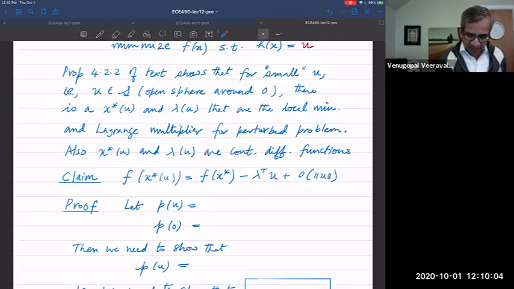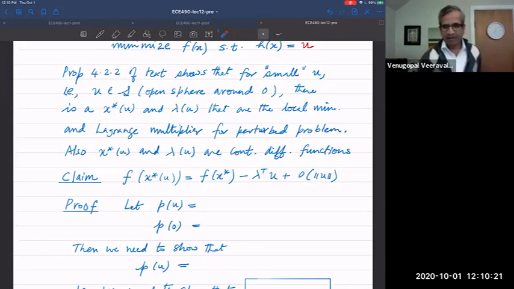So that perturbation is actually linear in u, and the linear coefficients are the Lagrange multiplier. For small perturbations, this is what it would be to a good approximation.